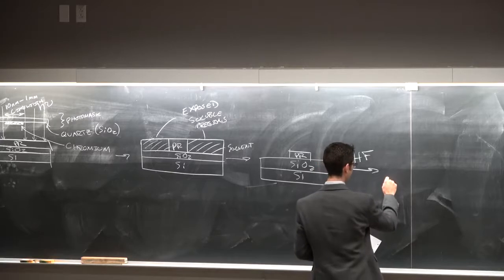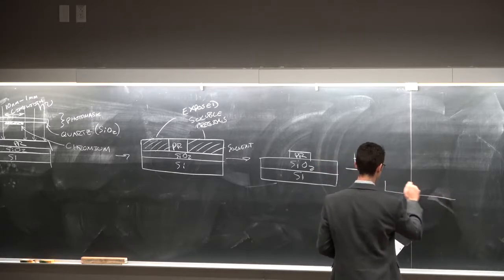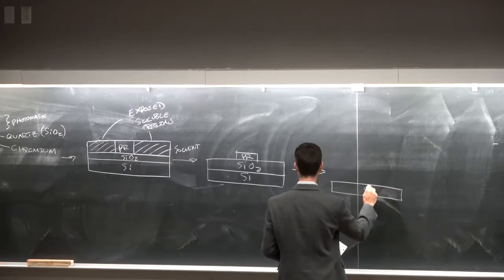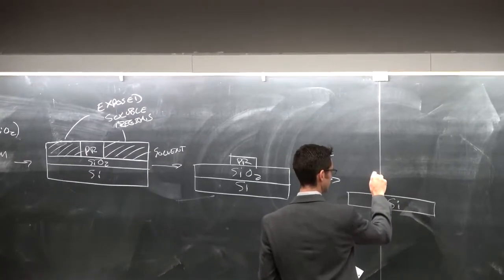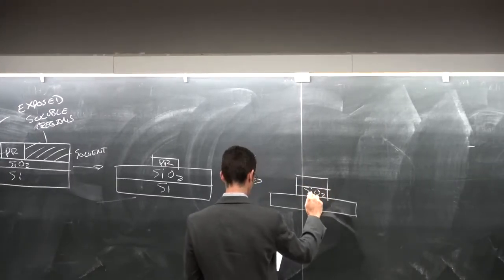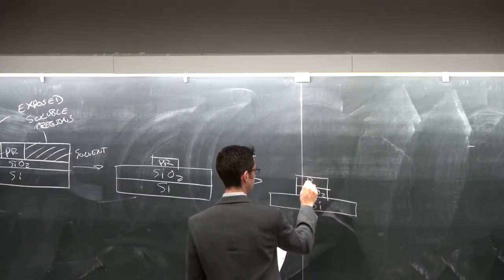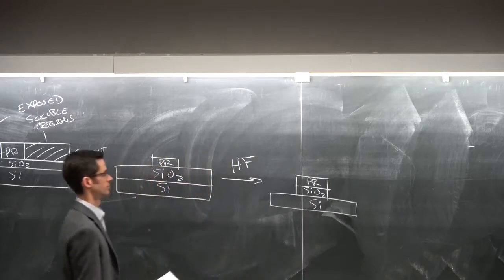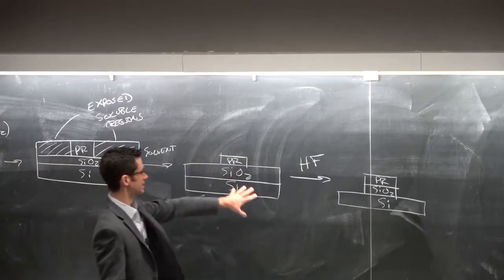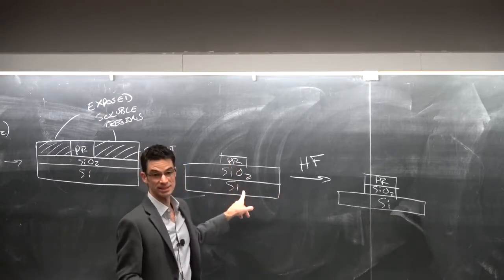And HF, which is very dangerous, so consult your doctor before doing this, etches the silicon dioxide under the photoresist film.